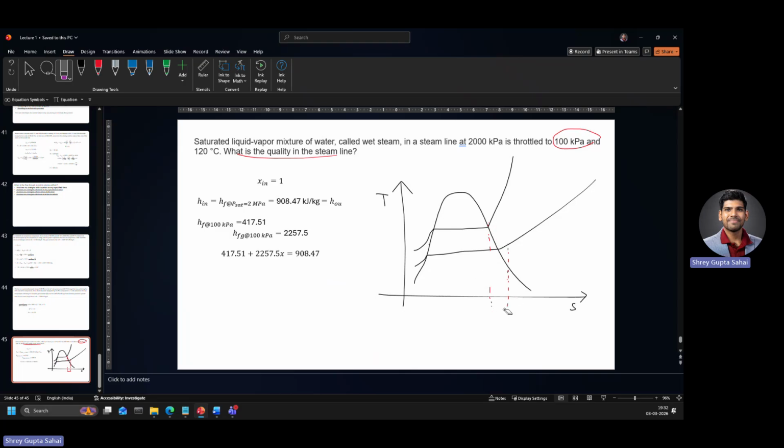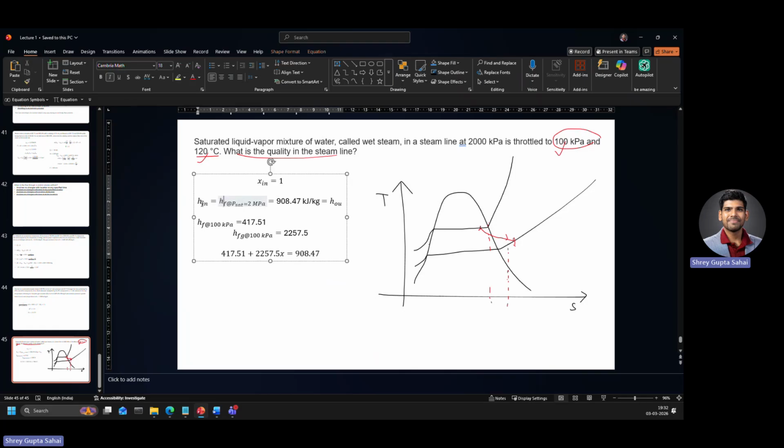Essentially, what it is saying is that somewhere here, we don't know where it is, and it goes in this direction. Our outlet conditions are told to us because this pressure and this pressure are given. So we'll back calculate H in using our outlet enthalpy. So this is not the way to do it.